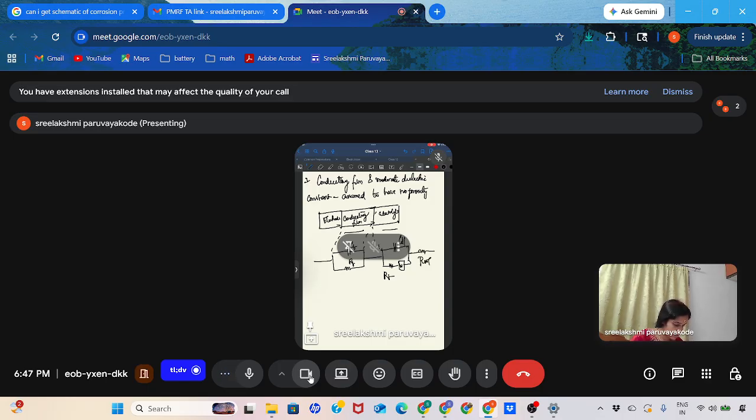So this one is then modeled using this. So this is what a conducting film is. You see it is conducting, but it is not porous. So we cannot say that both are together. They act separately. The next one you have to look into is the point defect model.